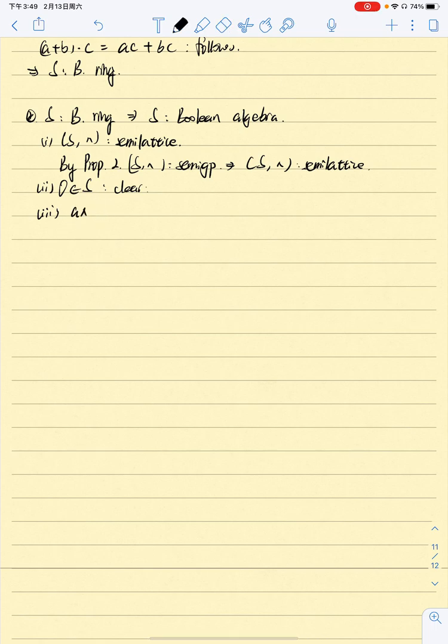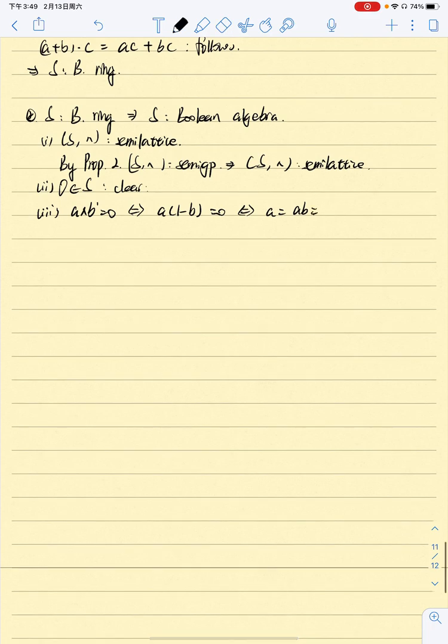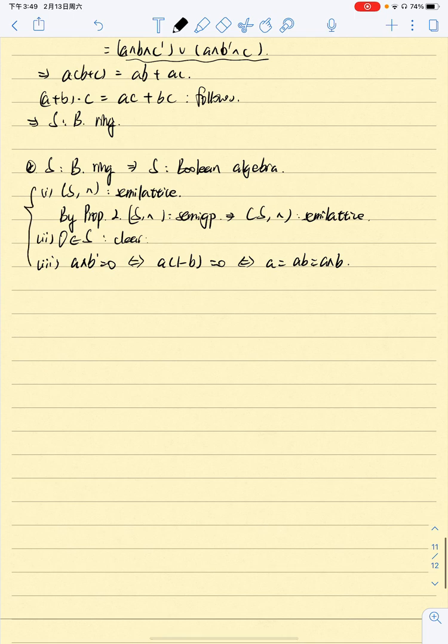A and B prime is 0 if and only if A(1 minus B), because B prime equals 1 minus B, right, is 0. And then A equals AB. Okay, that means A and B. So these three conditions make S a Boolean algebra.